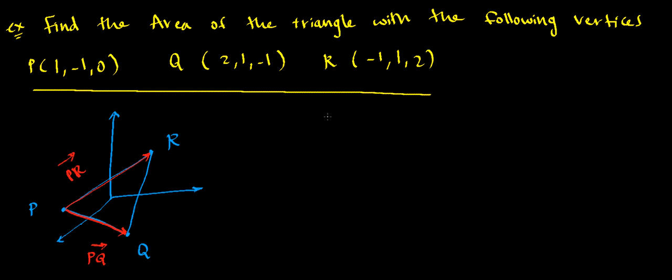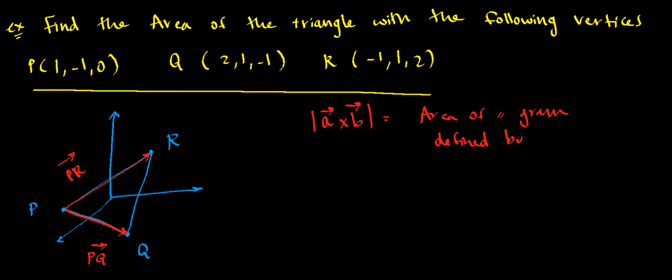Okay, and we know that the magnitude of the cross product of two vectors, like the magnitude of A cross B, is equal to the area of the parallelogram defined by the two vectors. So we can find the area of the parallelogram defined by these two vectors.